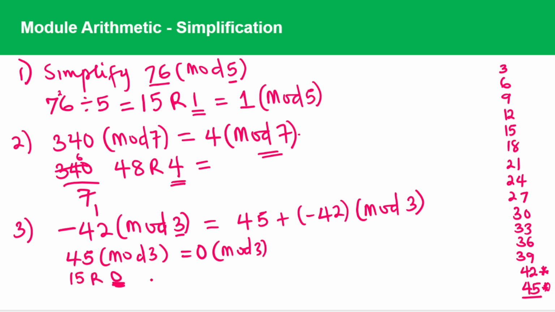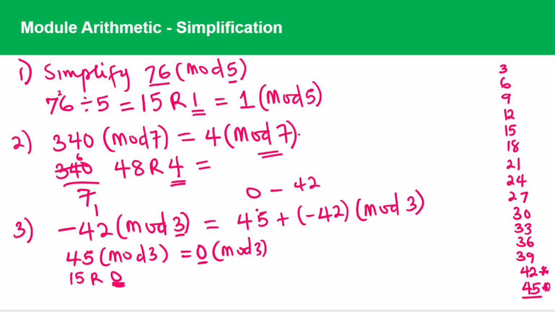So this 0 is our answer. We have a remainder of 0. So adding 45 mod 3 to this expression is as if I'm adding 0 to this expression. And of course, whenever you add 0 to anything, that thing remains unchanged. So nothing changes.